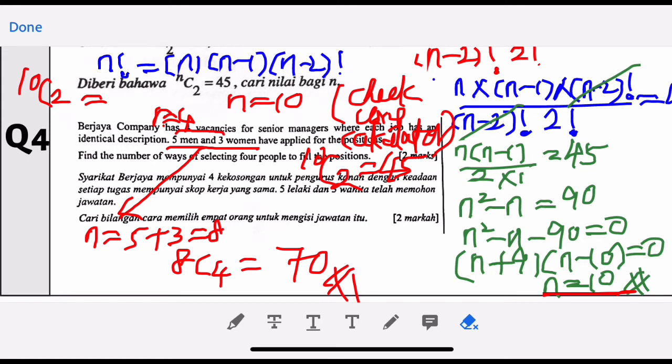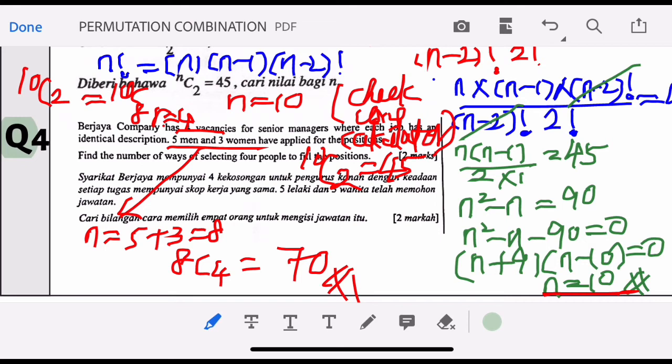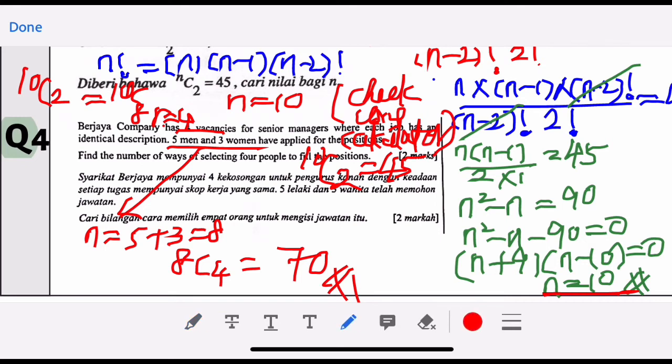Don't forget nCr is n factorial over (n minus r) factorial over r factorial. Another one is nCr equal to nC(n minus r). So we have two formulas for combination. Okay, let's proceed to the next question. Before we proceed, let me revise with you.